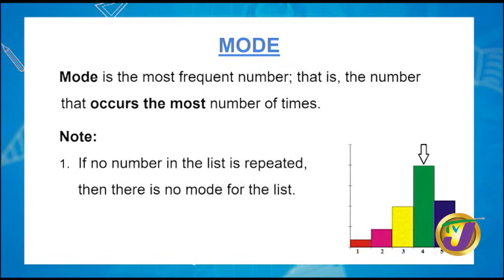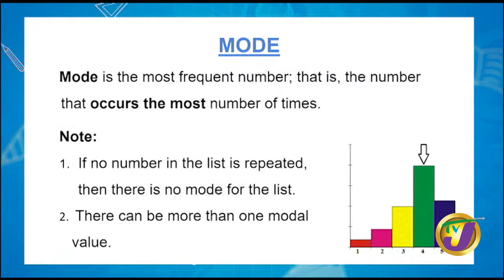If no number in the list is repeated, then there is no mode in the list. There can be more than one modal value in the distribution. Okay, so you're saying that a data set can have one mode, no mode, or more than one mode? Yes, it can have many.